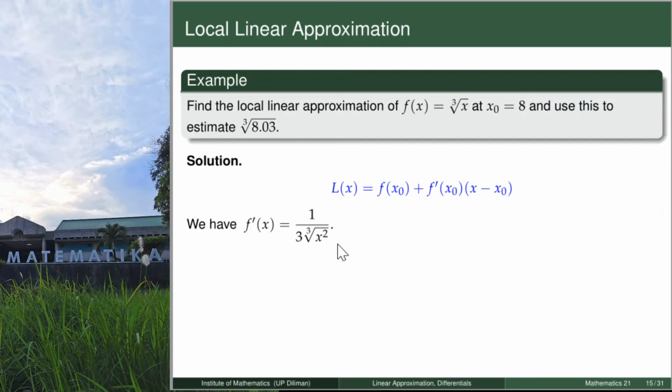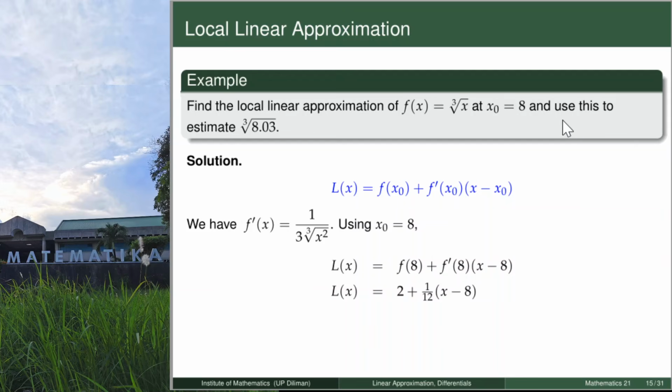And then plug in your 8 in your function and in the derivative, so you should get the following. So L of x is, so this is f of 8, f prime 8, and x minus 8. Okay, and then what is f of 8? It's 2, then this is 1 over 12, then this is just copy, and this is your local linear approximation, and you can box that.